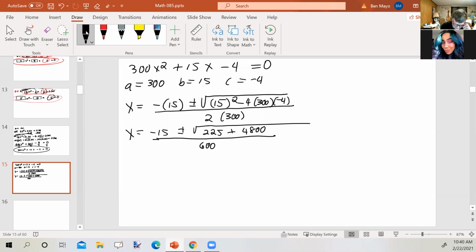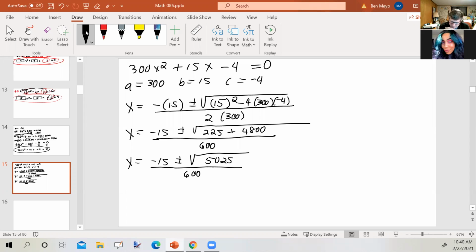Okay. So then x equals negative 15 plus or minus the square root of, let's see, 4,800 plus 225 is 5,025, all over 600. Okay, well, let's see here.